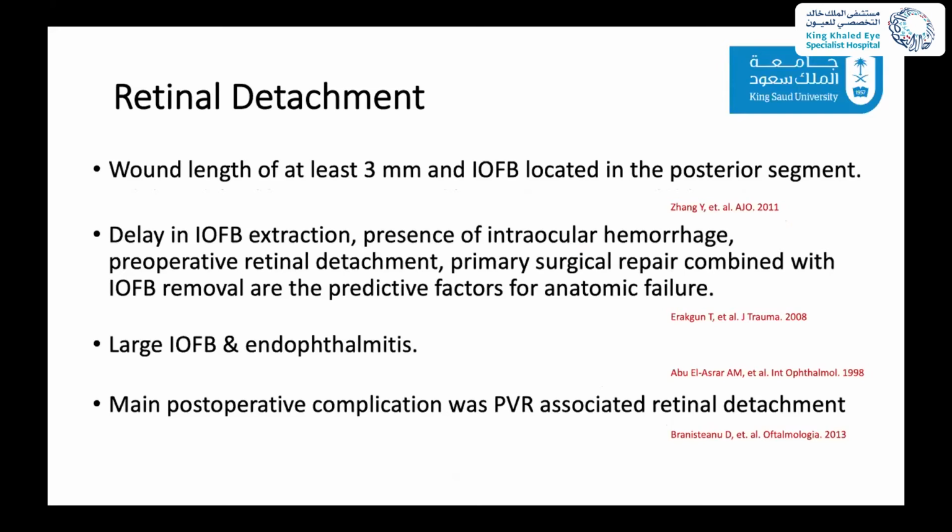And it has been found that delaying the extraction of the foreign body, or the presence of dense intraocular hemorrhage, and the primary surgical repair combined with intraocular body removal at the same time were predictive factors for anatomic failure of RRD repair. So this might deter you from removing the intraocular body at the time of presentation with open globe injury.